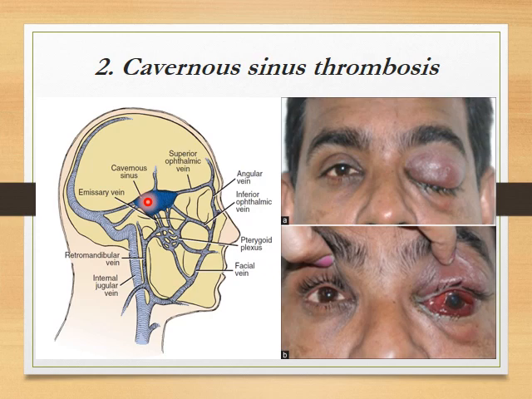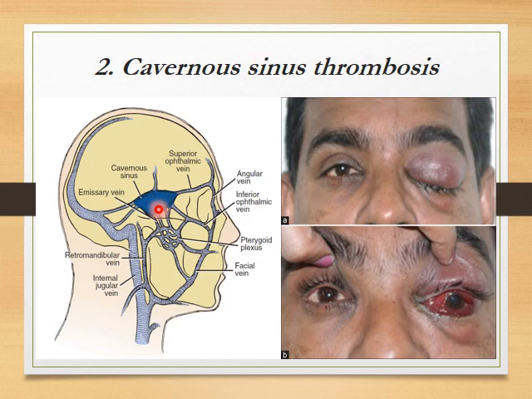The spread of infection is usually due to the anterior route or the posterior route. Because the veins of the face and the orbit have no valves, an infection in this area will erode through these veins and reach the cavernous sinus.